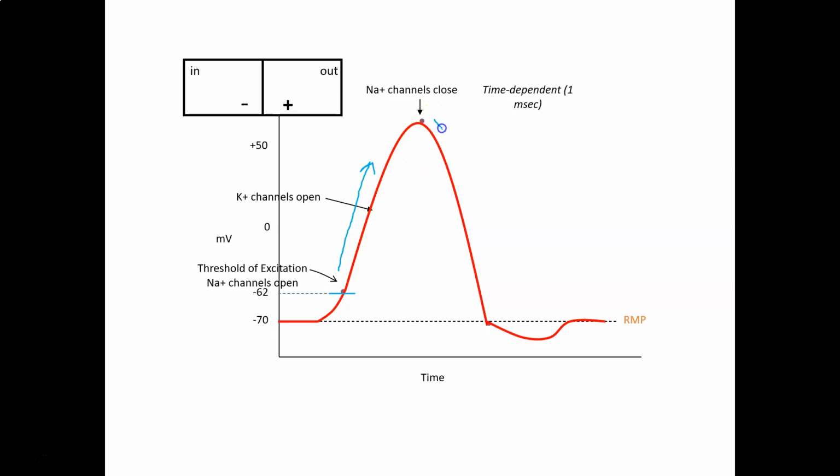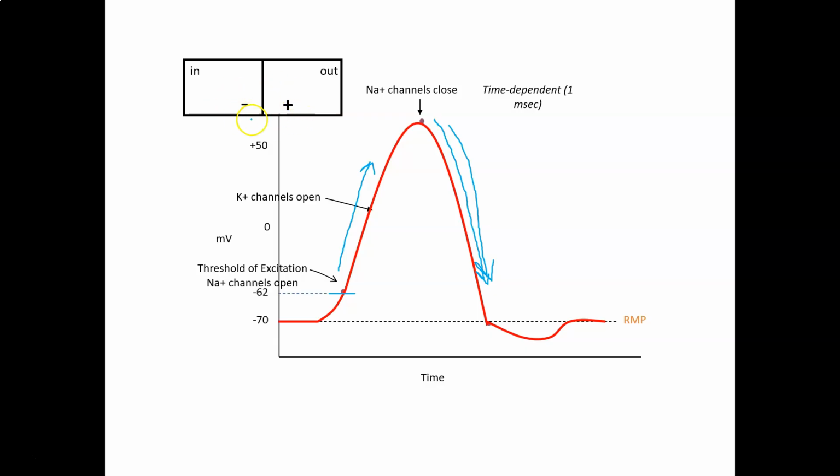And potassium continues to leave the cell. Okay, so at this point, sodium can't move. It's stuck inside the cell, but these voltage-gated potassium channels are still open. So as this cation, this positive ion leaves, it makes the inside of the neuron more negative, right?